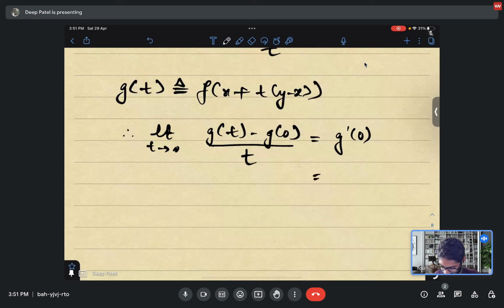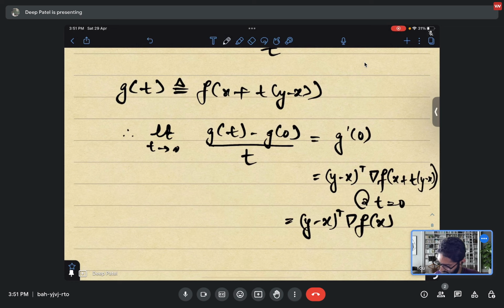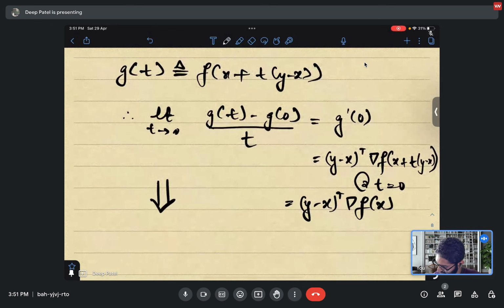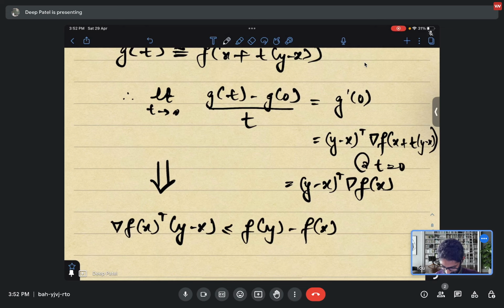And what is g dash 0? It's nothing but (y minus x) transpose gradient f of x plus t(y minus x), at t equals 0, which is nothing but (y minus x) transpose gradient f of x. So what do we get? Gradient f of x transpose (y minus x) is less than or equal to f of y minus f of x.